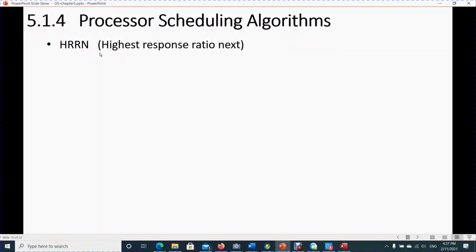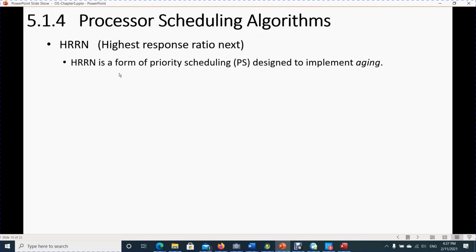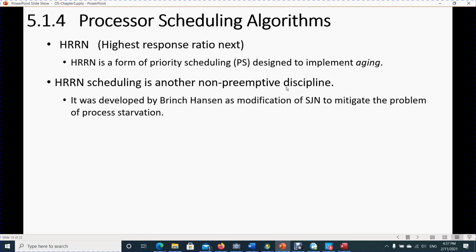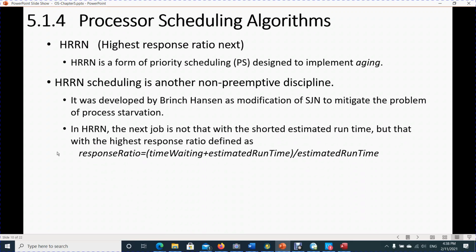Highest response ratio next, HRRN, is a form of priority scheduling designed to implement aging. It's a non-preemptive discipline developed by Brinch Hansen, modifying SJN to mitigate process starvation, to reduce the danger of starvation.